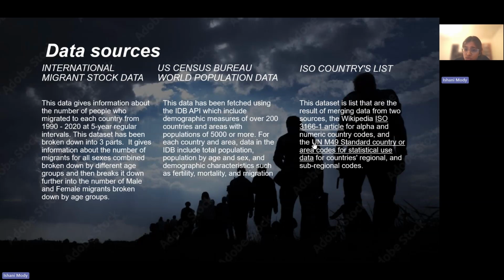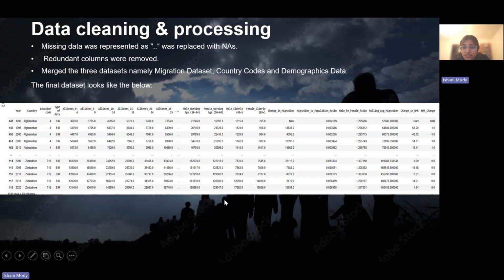The first one is from ISO 3166, which has alphanumeric country codes, and the second is UN M49, which has standard codes by country for their regions and subregions. Upon gathering the data from these three sources, I did the standard procedure of cleaning and pre-processing and then merging it. And this is a snippet of what the final data set looks like.